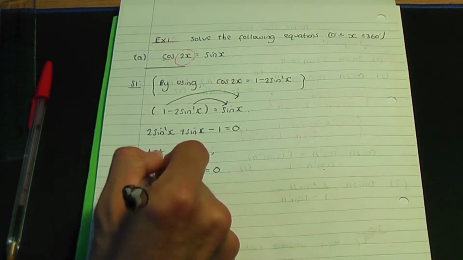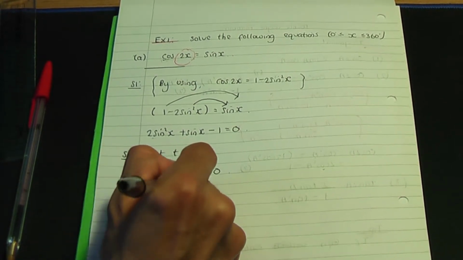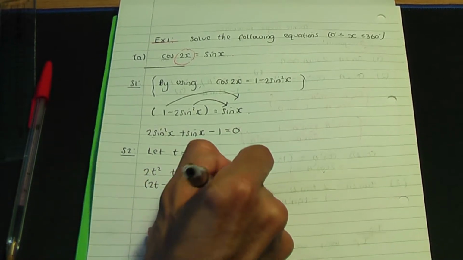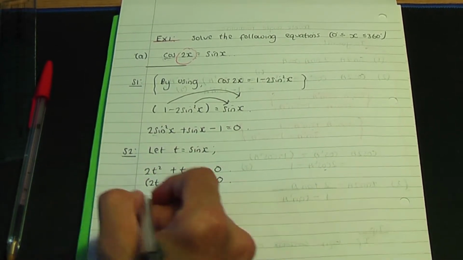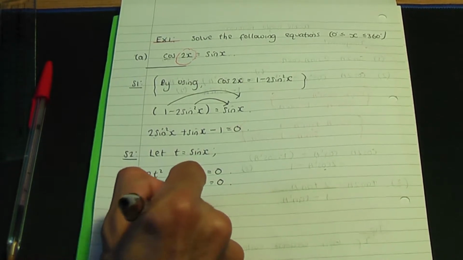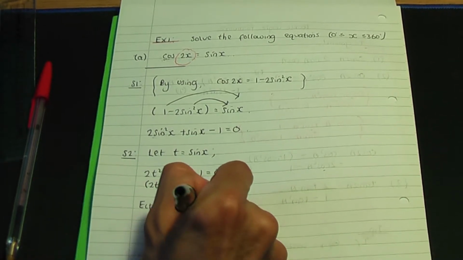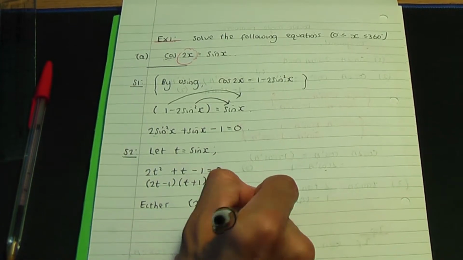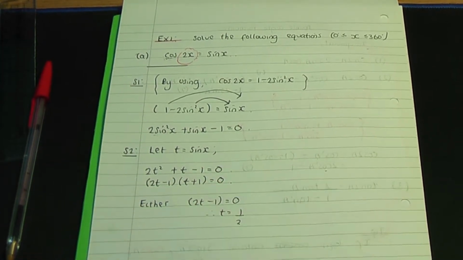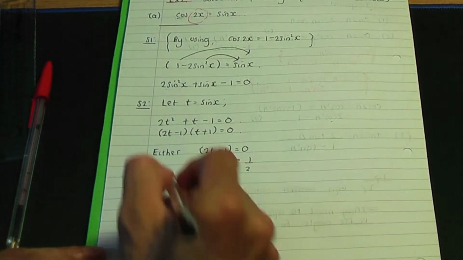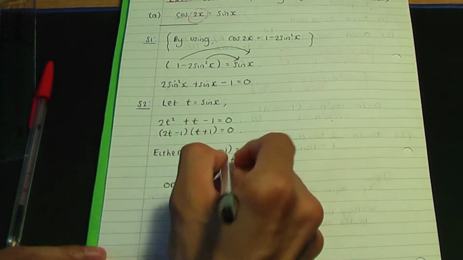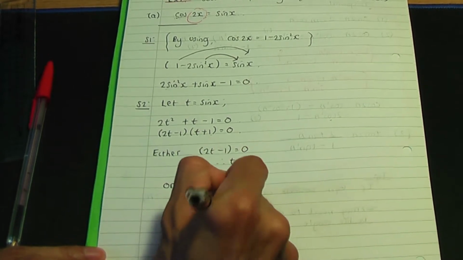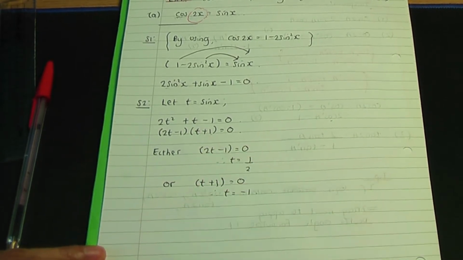If we factorize, the two factors will be 2t minus 1 and t plus 1, equal to 0. So you have two values of t: either 2t minus 1 is equal to 0, which means that t is 1 over 2 or half, or t plus 1 is equal to 0, meaning that t is minus 1.